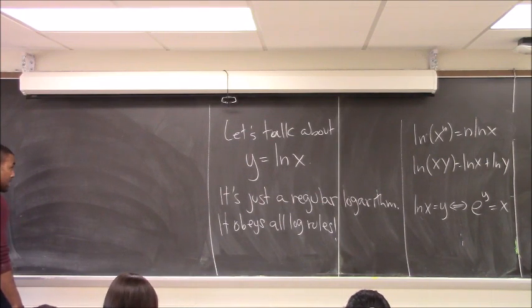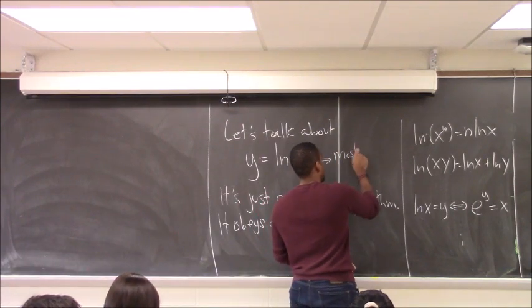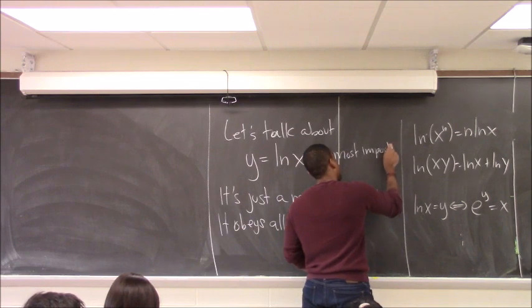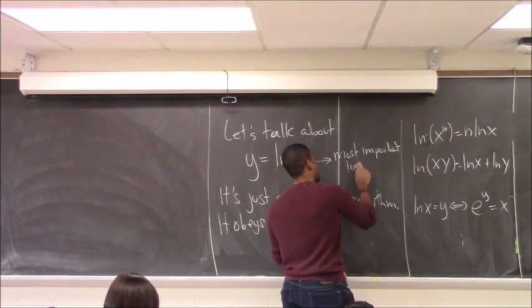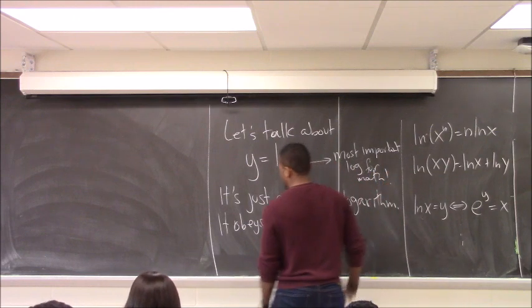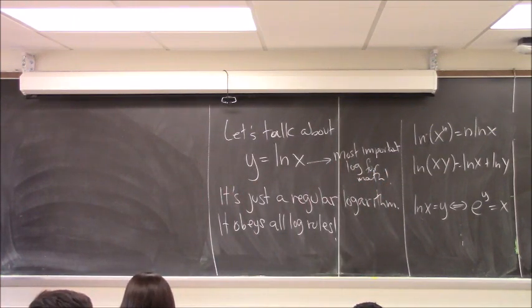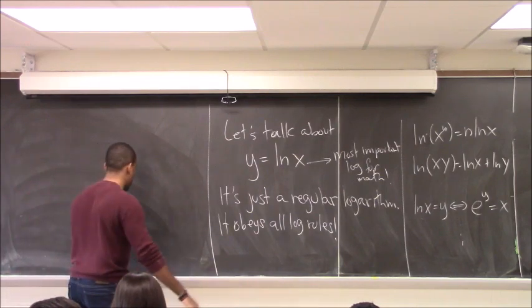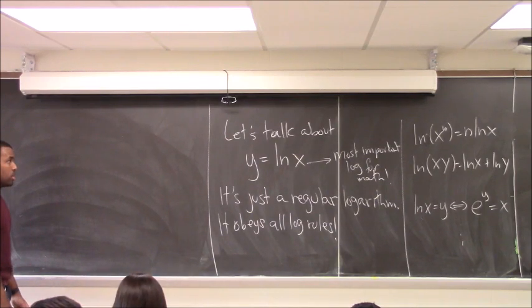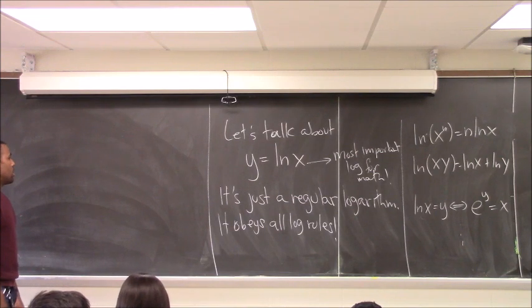But ln, most important logarithm for us. Things just work out nicer with that guy. And in future classes, you might start to appreciate why that is. But for now, I'll just say that and we'll move on. But it's a normal logarithm in the sense of the rules that it obeys.